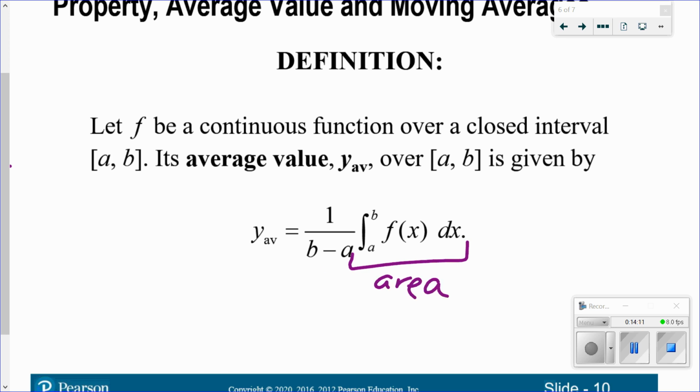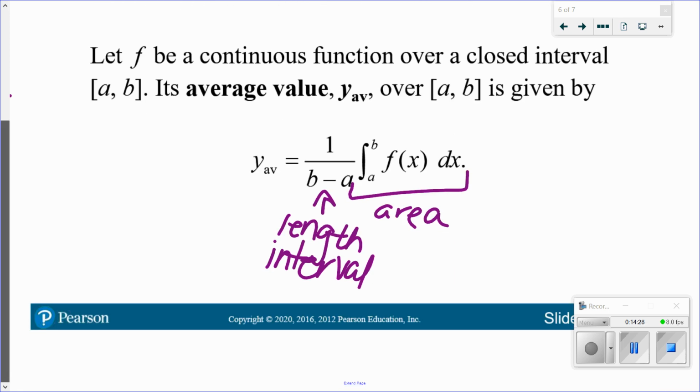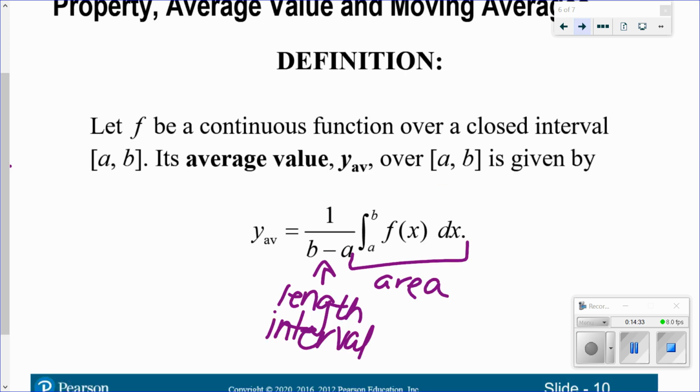That's the total area, and we are going to divide it by the length of the interval. It's like we had the different rectangles and we're dividing it by the number of rectangles. So we're getting the average area over that whole interval.